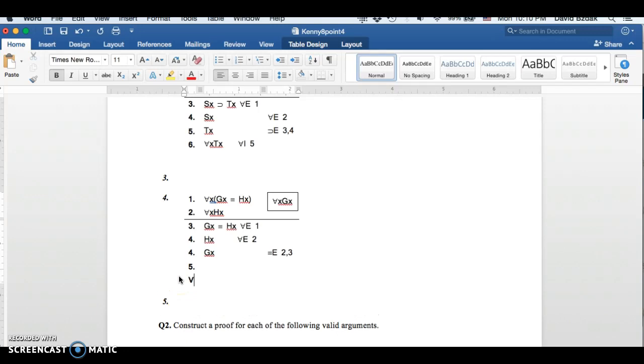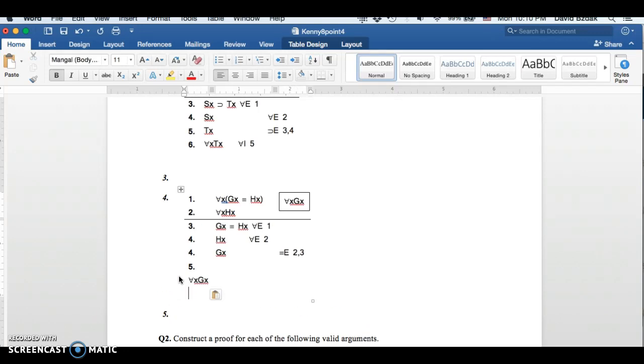we can get all x gx by universal introduction of 4.